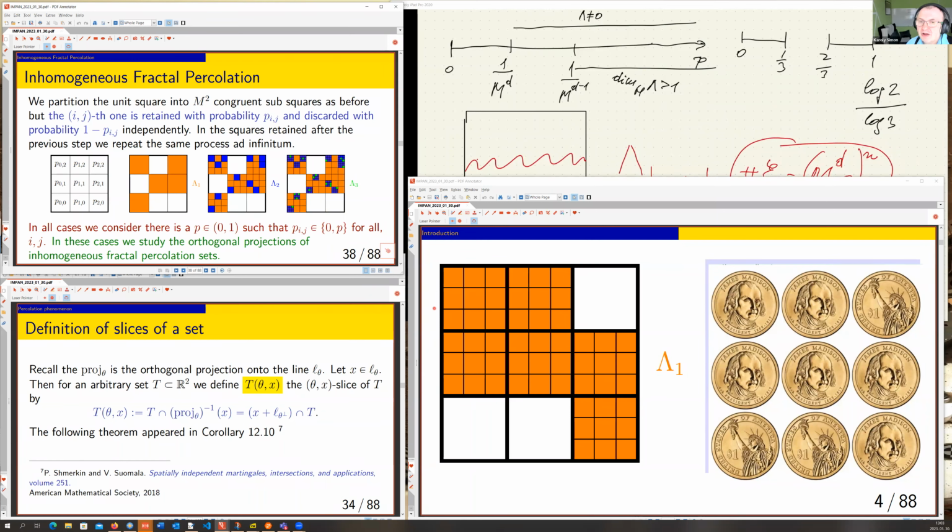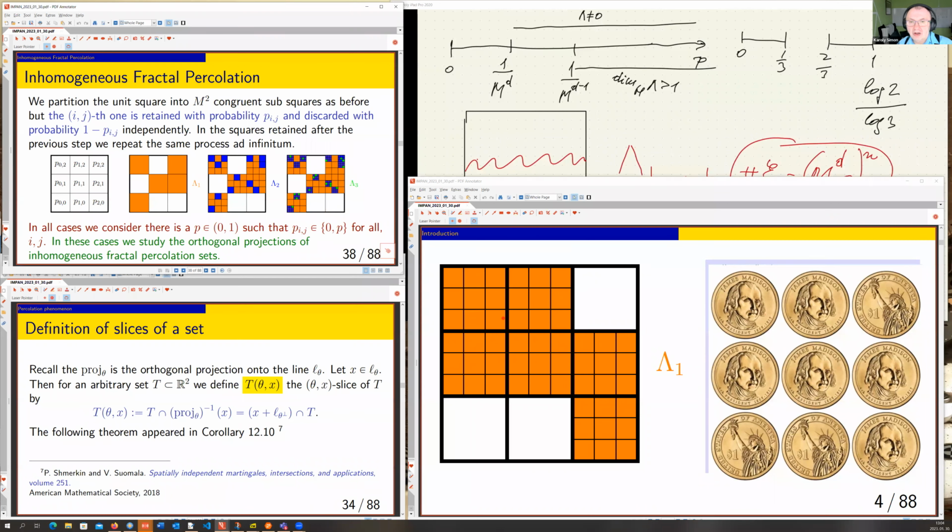It doesn't matter which level you are at, whether you are at level 0 when you decide whether you get this big one, or on the next level when you decide that you retain this square. You always toss the coin which lands on head with this P02 probability. Is this clear now? So you have altogether 9 coins, and you use those 9 coins in this arrangement on any level. If you go to level 1 million, you still use exactly the same collection of 9 coins. Is this clear now?